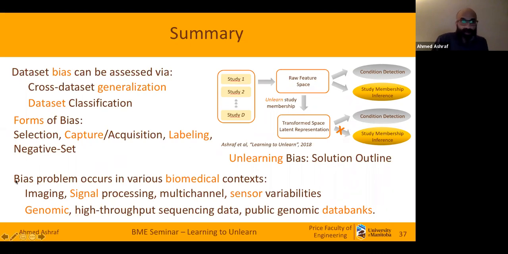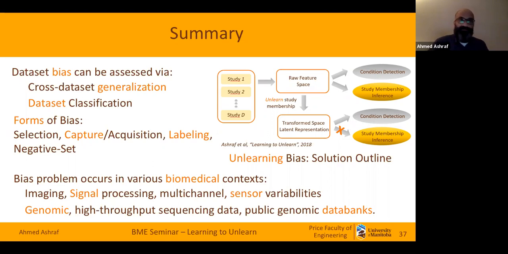And the problem of dataset bias creeps in almost every biomedical context. We talked primarily in the context of biomedical imaging, but if you're dealing with biomedical signal processing, you're dealing with multi-channel sensor readouts and different sensors. It doesn't have to be data collected from different institutes or sites.